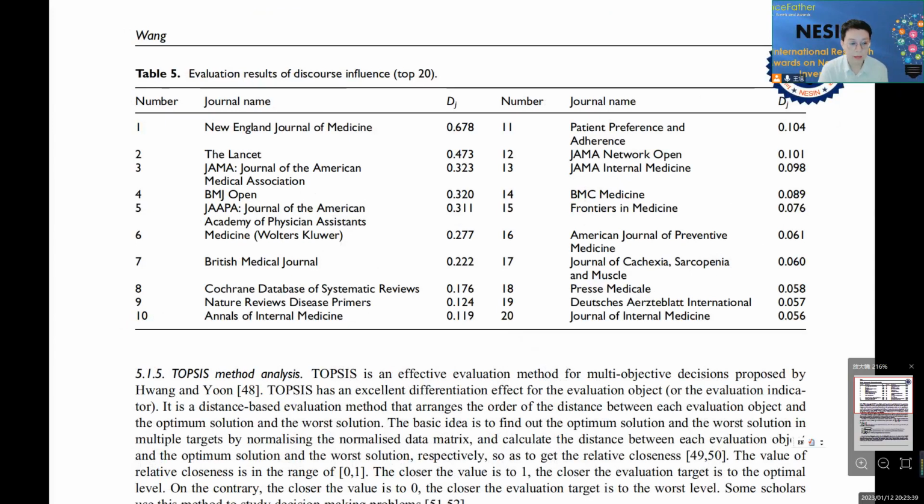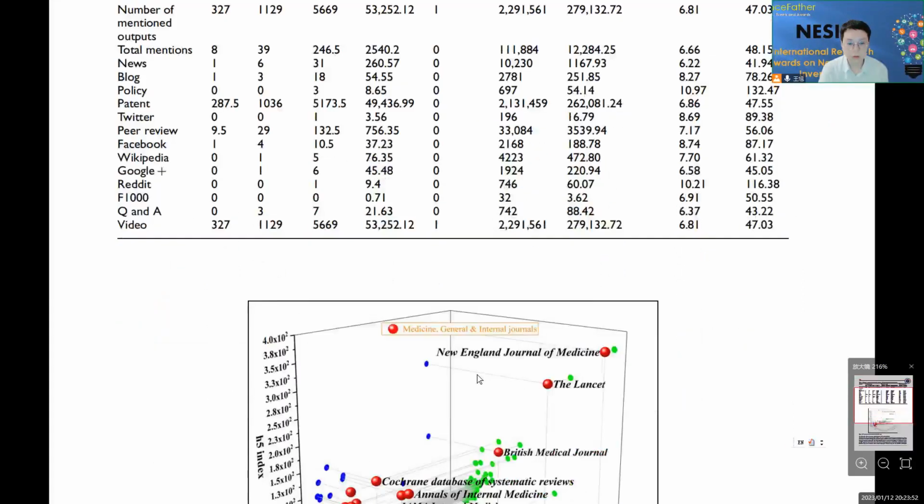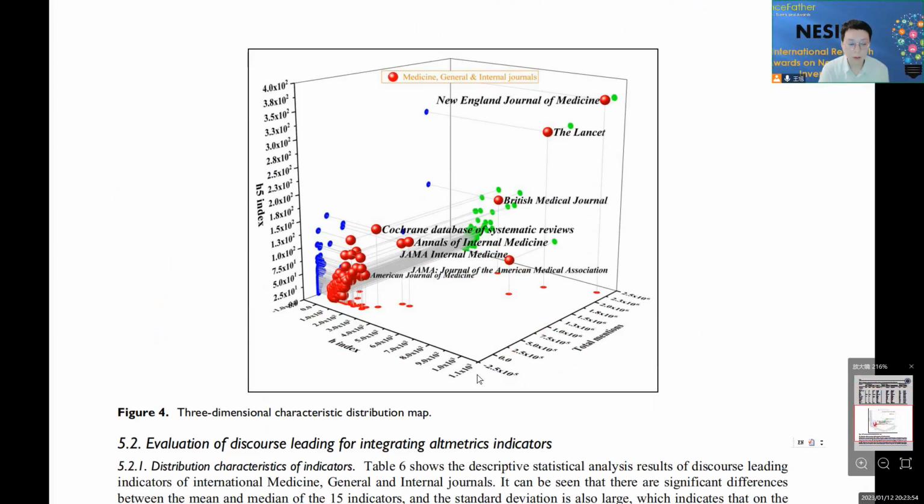Then we make a TOPSIS method analysis. Table 6 is the descriptive discourse leading indicators for medicine general and internal journals. Figure 4 is the three-dimensional characteristic distribution map.